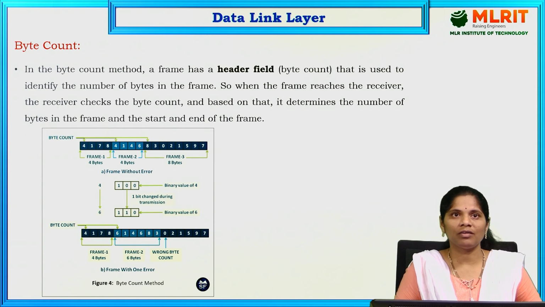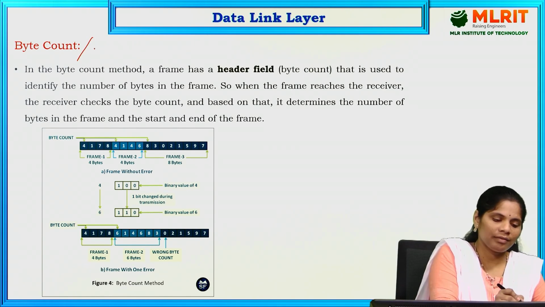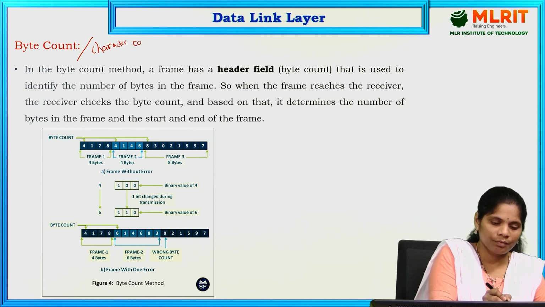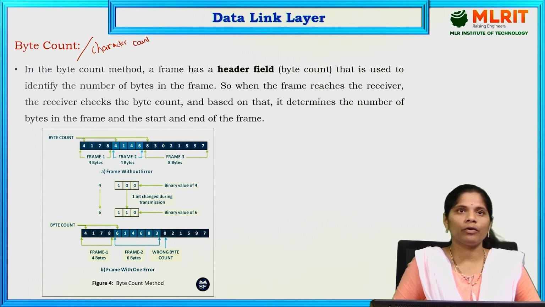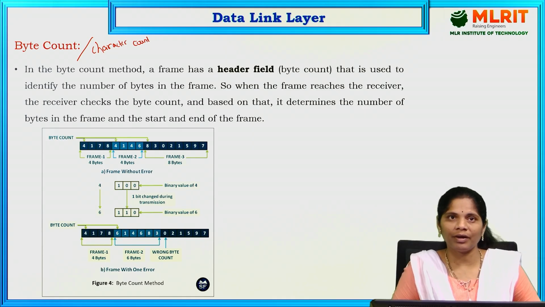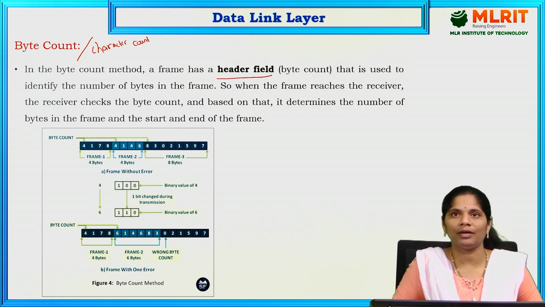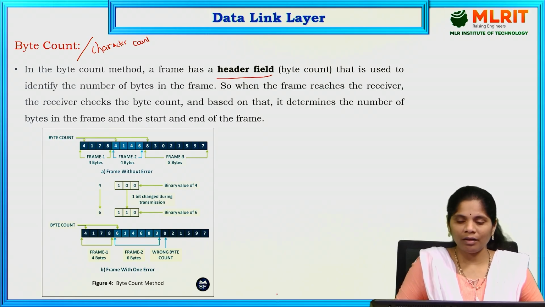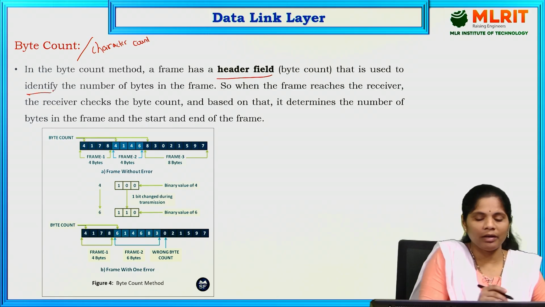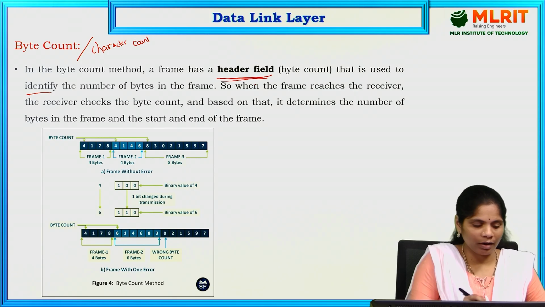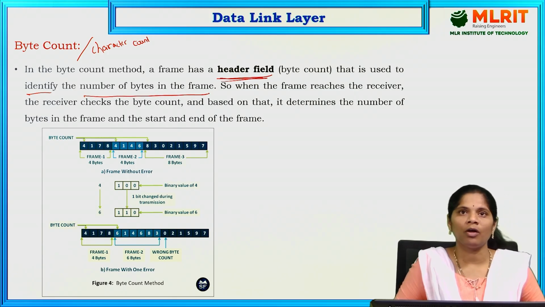First, we will see what byte count is, also called character count. How does byte count divide the frame? In this method, the frame has a header field. Why do we use this header field? For identifying the number of bytes in the frame, how many bytes are there in that particular frame.